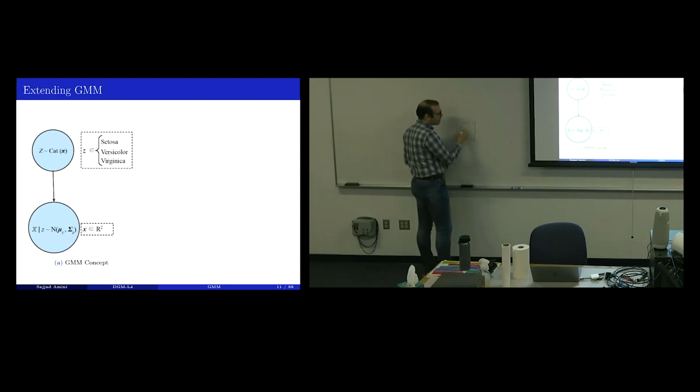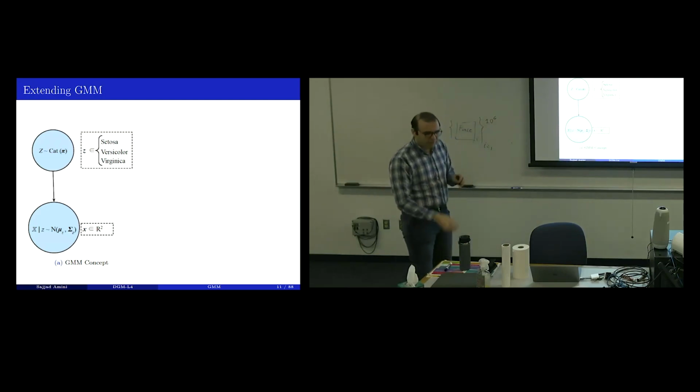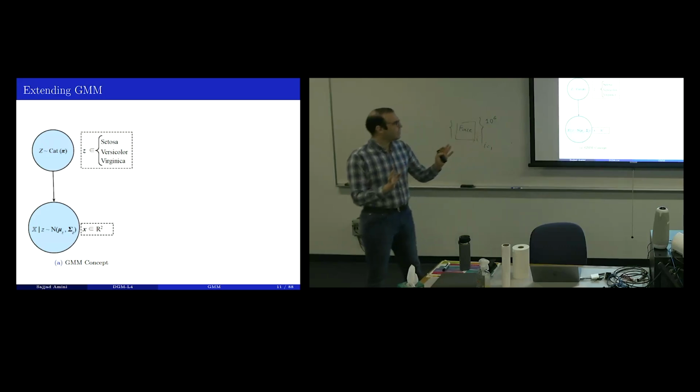I have images of faces. I have assumed that I have a dataset of 1 million faces. Okay? For the iris dataset, for the petal and sepal length, I do not remember what the features were.